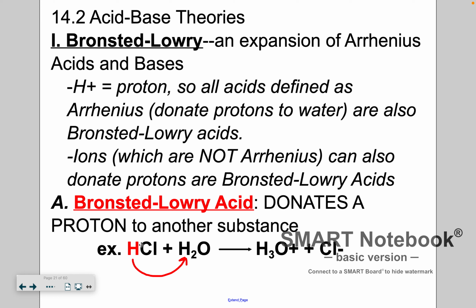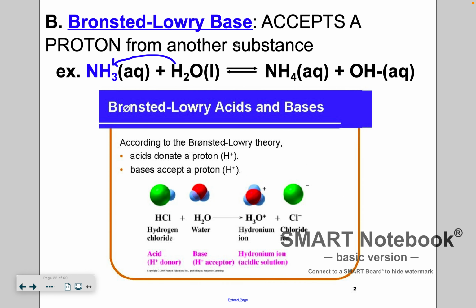So HCl would be considered my acid, and the thing that accepts the proton, which is the next vocab term, is the base. So this is my acid, and this would be my base. Bronsted-Lowry bases accept a proton from another substance. Here I have NH3 and water, and when I combine them, on the product side NH3 is now NH4.